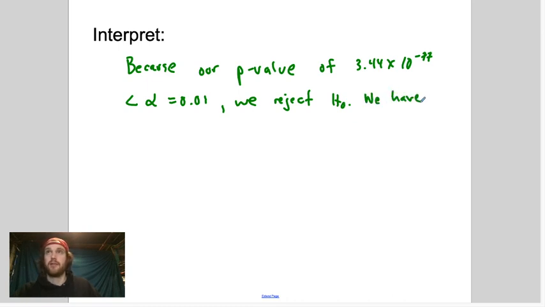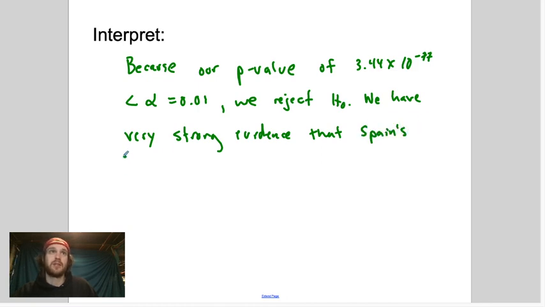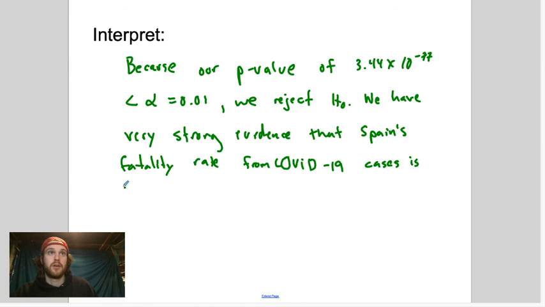We have very strong, very strong and convincing evidence that Spain's fatality rate from COVID-19 cases is different than that of France.